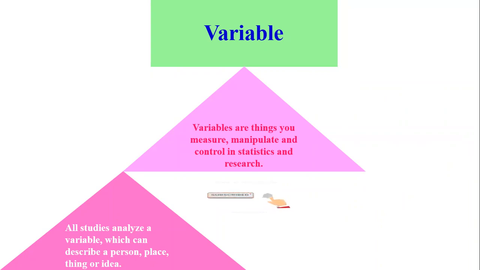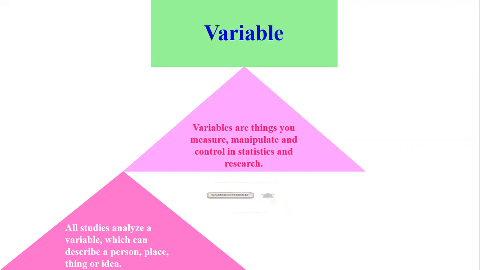All studies analyze a variable which can describe a person, place, thing, or idea. How can you do research on a place? If you research a place, the customs of that place, the habits of the people around that place, because you generalize the society into groups, which you are studying, is called a variable as well.